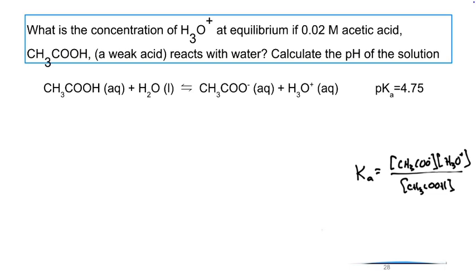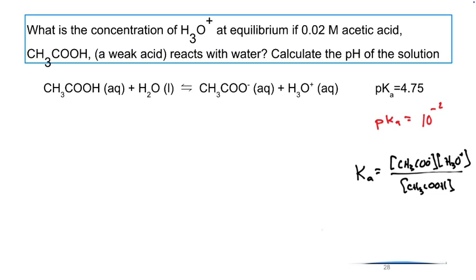If we're going to figure out the concentration of H3O+, we would need to know the Ka. Do we know the Ka? Kind of, sort of, right? We're given the pKa, and we could convert the pKa into the Ka by doing what? The antilog, okay?